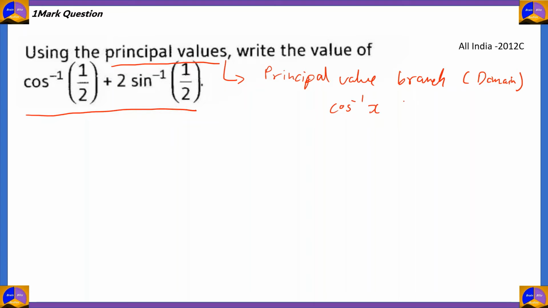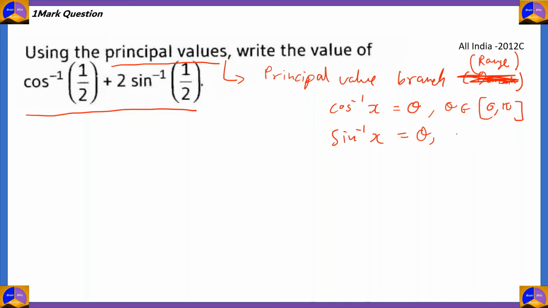Cos inverse x is equal to theta and the theta belongs to 0, pi, closed interval 0, pi. So this in effect is the range and not the domain. That is the answer when we plug in the value of x. So sine inverse x is equal to theta, and this theta belongs to minus pi by 2 to plus pi by 2, which is again a closed interval.